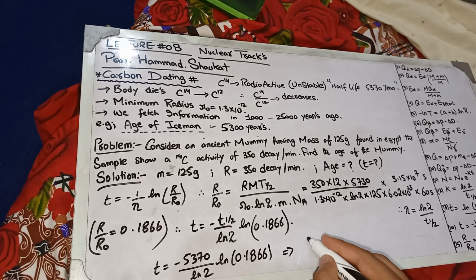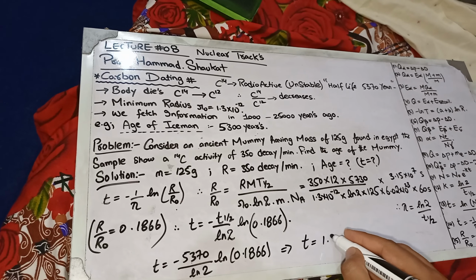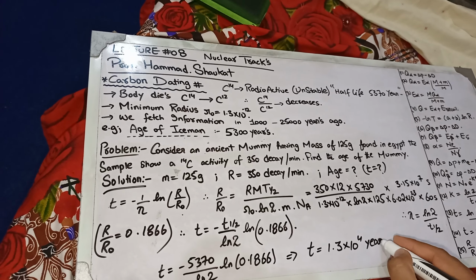After calculating, you will get your final answer, which is 1.3 into 10 raised to power 4 years.